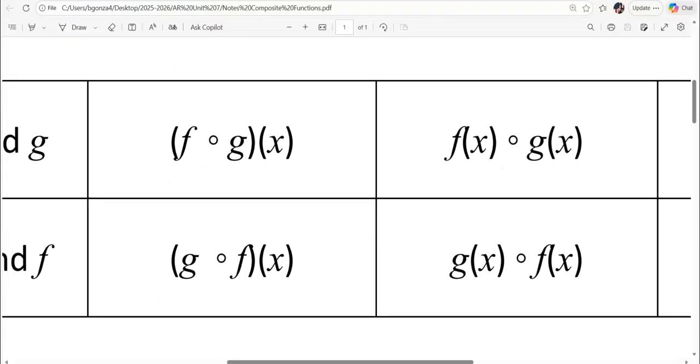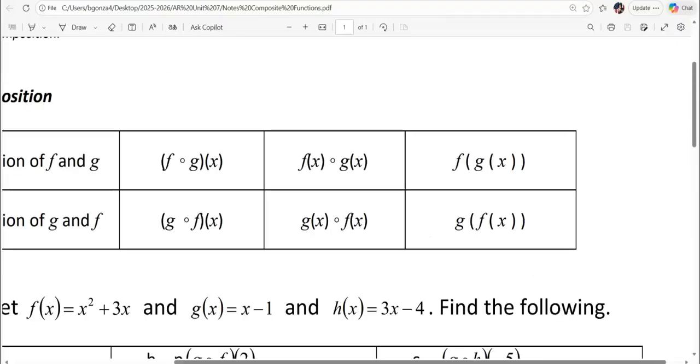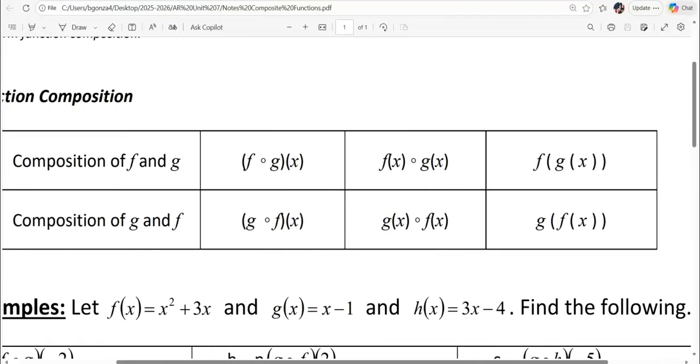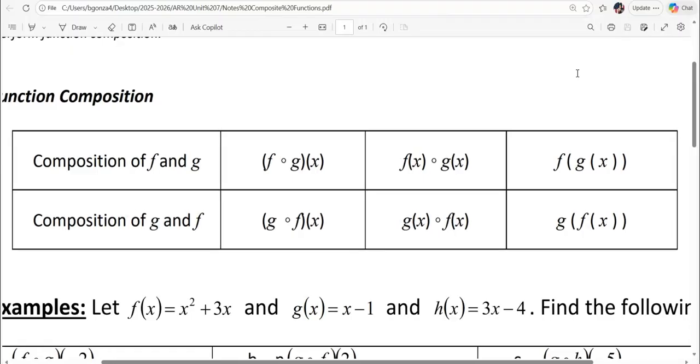That's a great question. It looks like it says fog with a little o or golf with a little o, okay? So I'm going to tell you what that means right now, but I want you to see the three ways this is drawn. Usually you're going to see it like this, but you can split it just like before, and when you split it, it's going to look like this right here, okay?